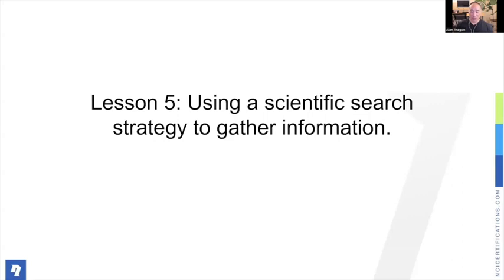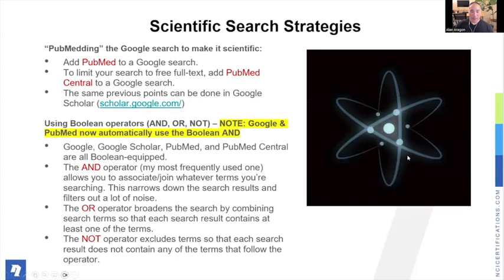What we want to do is get familiar with PubMeding a Google search. The purpose is to narrow the search down to peer-reviewed literature sources. We discussed in the previous lesson that peer review is important for making sure that information is rigorous in terms of its scientific grounding.